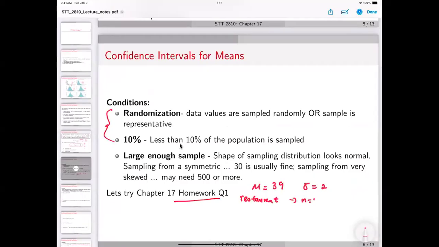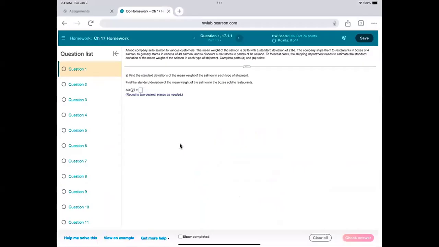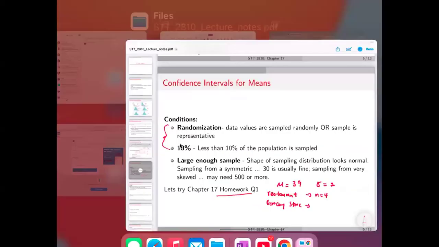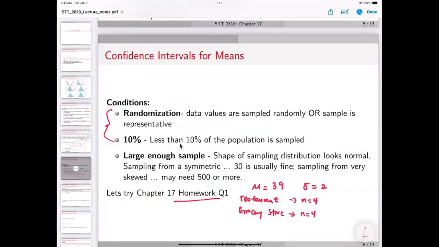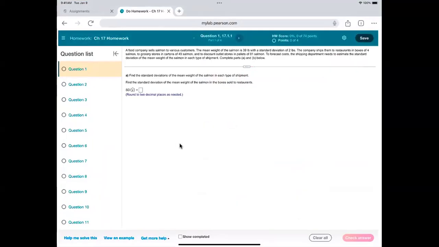Restaurant n equals 4. Grocery store, 49. And then when they send them to discount outlets, it goes in pallets of 81 salmon.